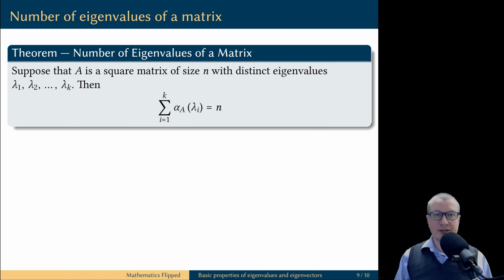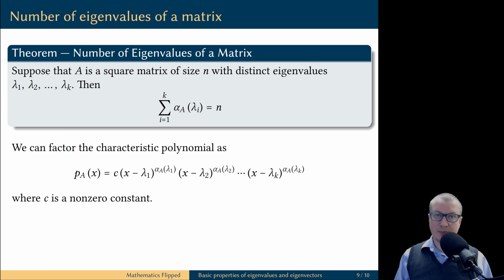If a square matrix A of size n has k distinct eigenvalues and k cannot exceed n, then the sum of the algebraic multiplicities of all these eigenvalues is precisely n. The characteristic polynomial factors into the linear factors where each factor corresponds to one of its roots.